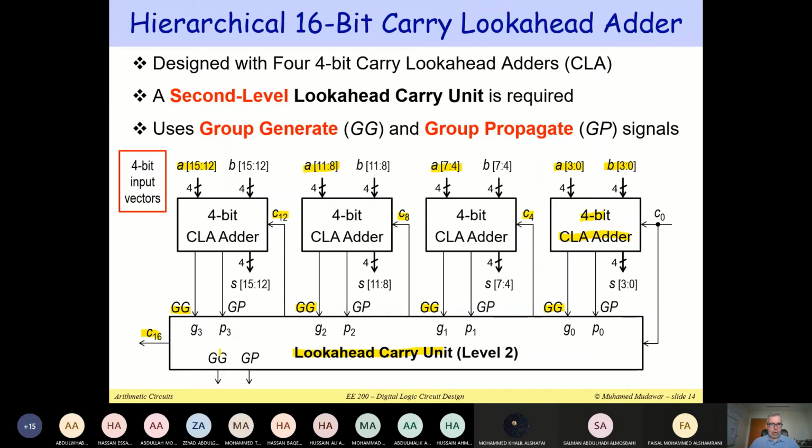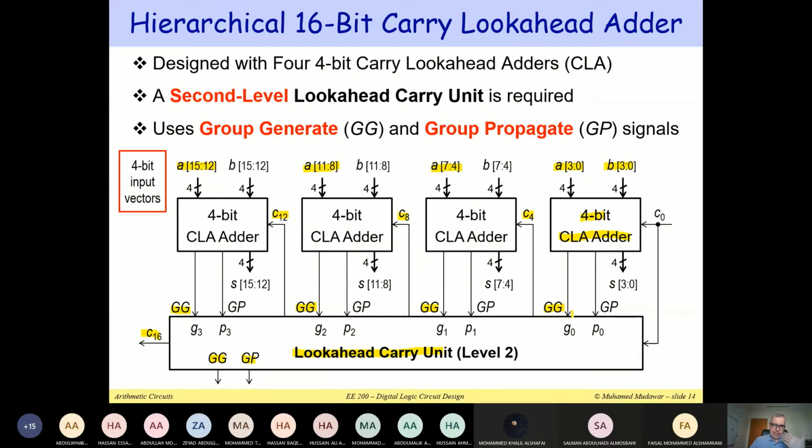It will also have a group generate and a group propagate for the 16-bit carry look ahead adder. So this way I can build a fast 16-bit carry look ahead adder hierarchically, using 2 levels.